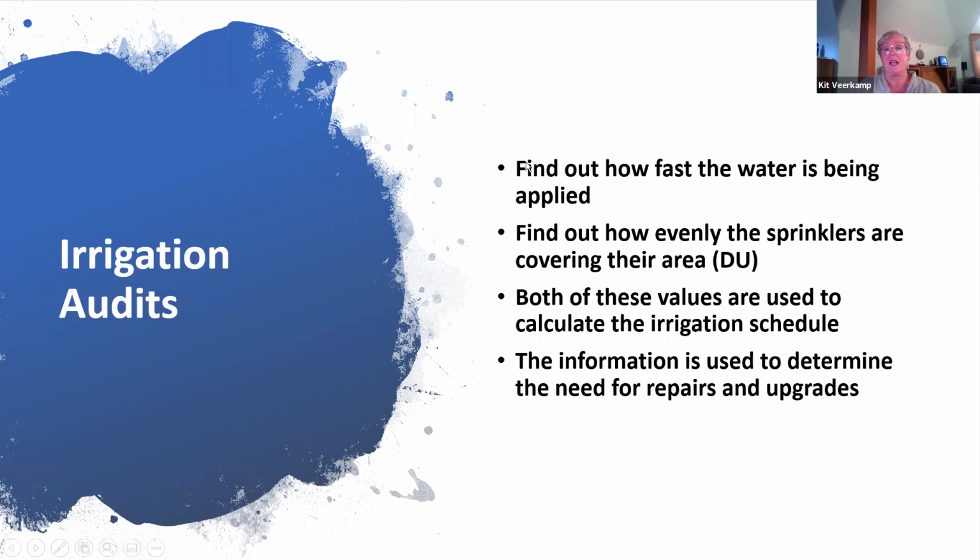If you have an irrigation system already, you can conduct audits to determine how efficient your system already is and whether there's things that you need to tweak and change in order to make it more efficient.